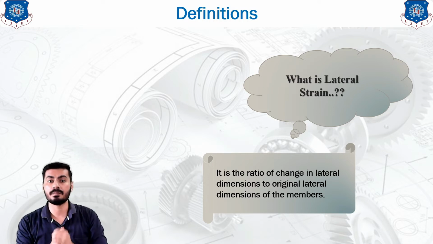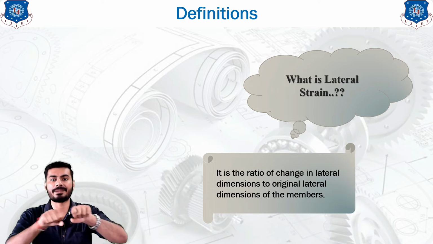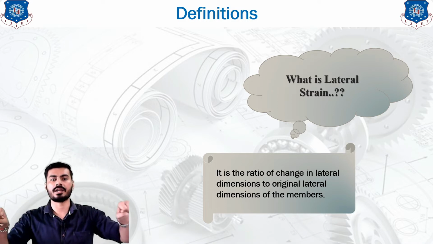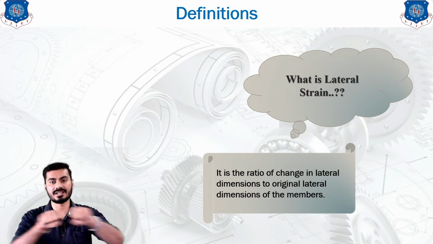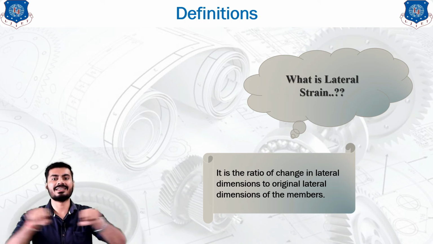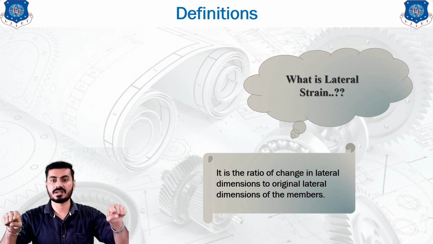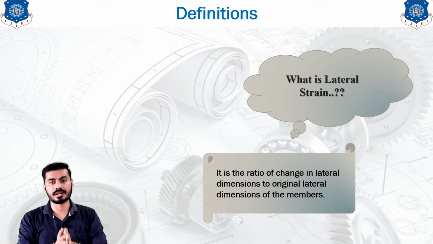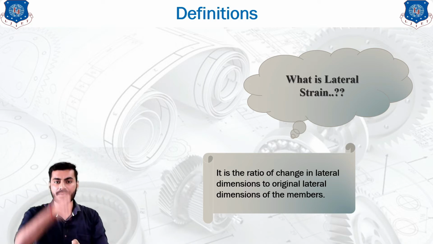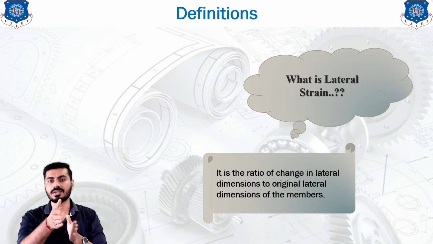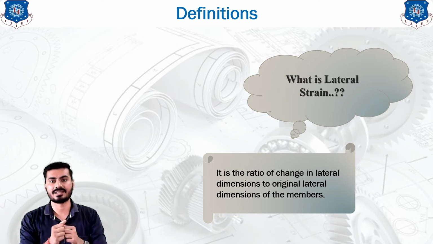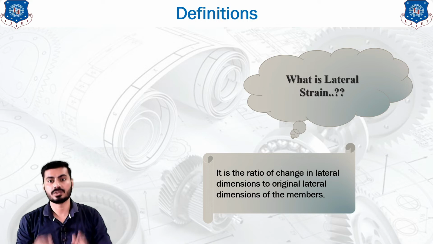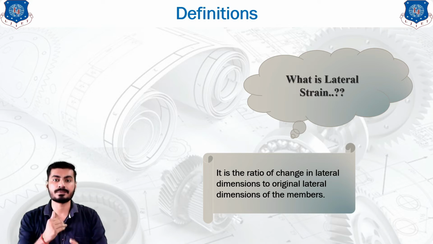Consider this very important topic. When you apply a pull force on the body in the longitudinal direction, then the length in the longitudinal direction will increase, but the volume is constant, and that's why the two lateral dimensions, its height and its width, are both going to contract, and that's why the lateral strain will be negative as compared to the linear strain.